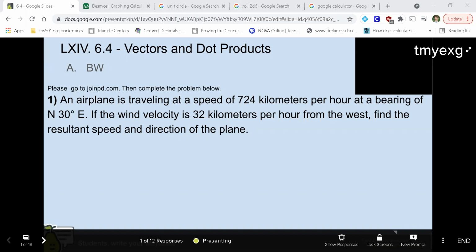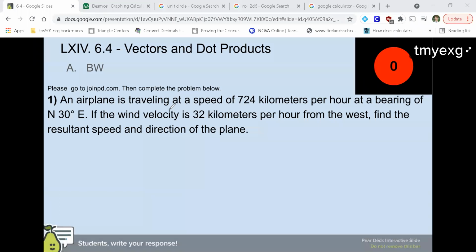Okay, so there's a few things that we have to do to ensure we get this problem solved correctly. The first thing is to determine the correct angle for this plane. So let's try that again. There you go. That's our north and south axis, east and west.